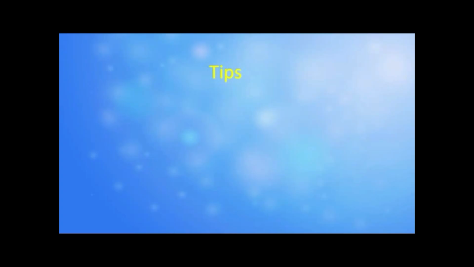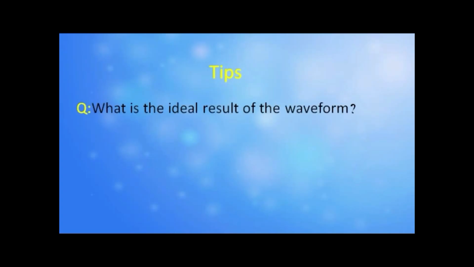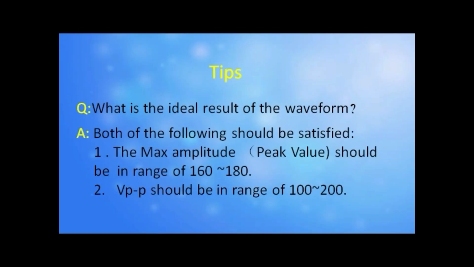Tips: what is the ideal result of the waveform? The answer is, both of the following should be satisfied. 1. The max amplitude peak value should be in the range of 160 to 180. 2.